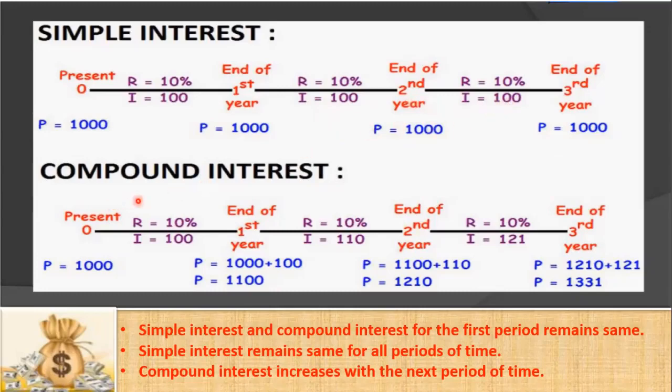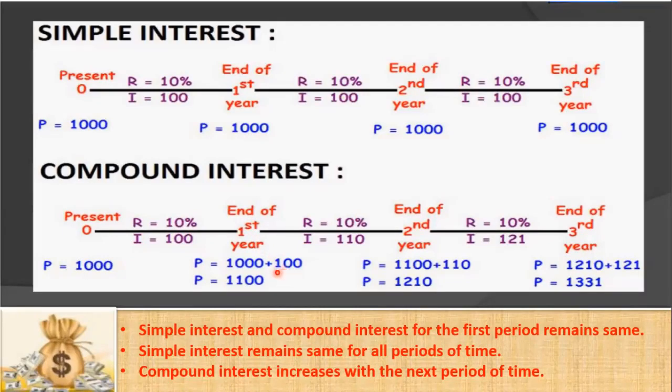In case of compound interest, if we see, at present there is no interest and principal is rupees 1000. For first year, rate is 10%, so interest is rupees 100, that is 10% of 1000. At the end of first year, interest is 100 rupees.